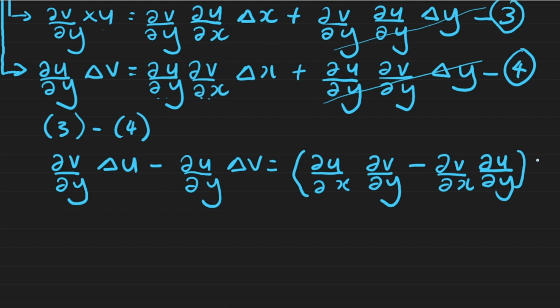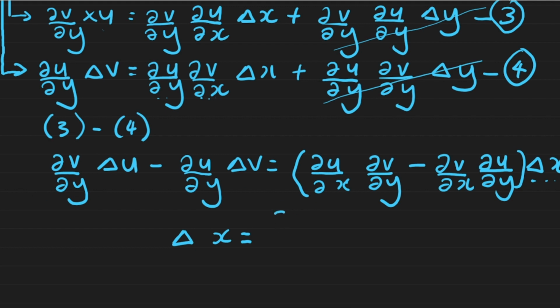And of course, multiplied by delta x. So if we now solve for delta x, we make delta x the subject of the formula, as they call it. We get that delta x is equal to everything that's on the left-hand side at the moment.